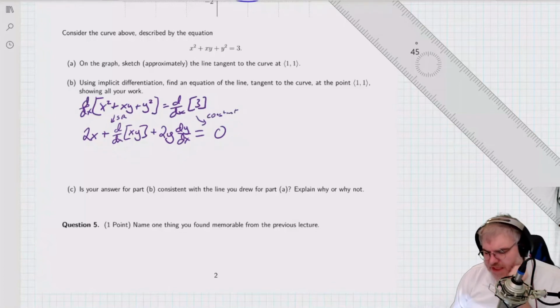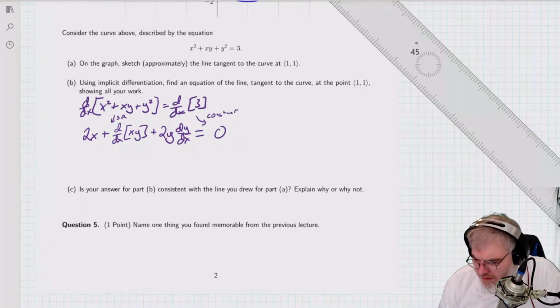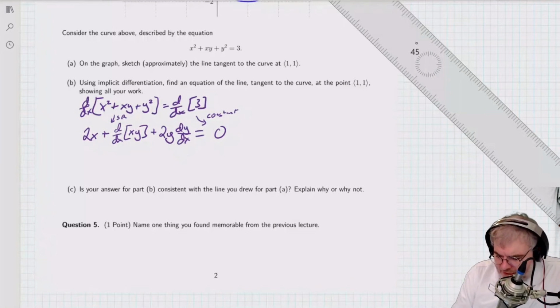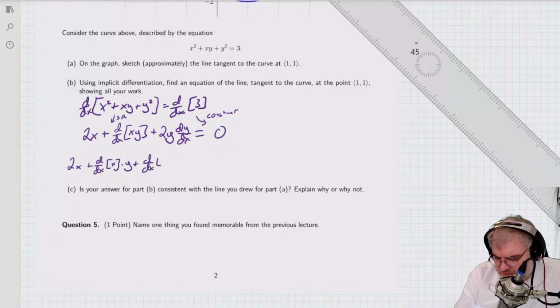But this d over dx of the thing in the middle, this is a product. So I need to handle that a little differently. I'm going to wind up with 2x plus the derivative of the first times the second plus the derivative of the second times the first, plus 2y dy over dx equals 0.